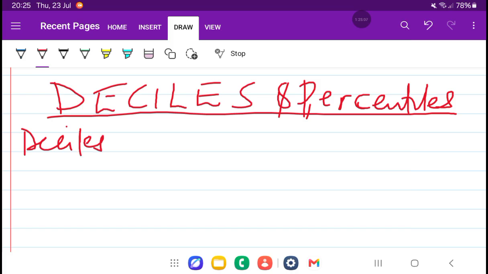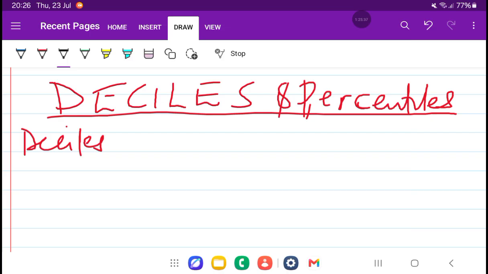Now, for deciles, if you order the data like the way we have ordered, you rearrange the data in an ascending order. And now what you are going to do, we divide that kind of data set in more than 10 times. It means the values that they are going to give you have to be more than 10.